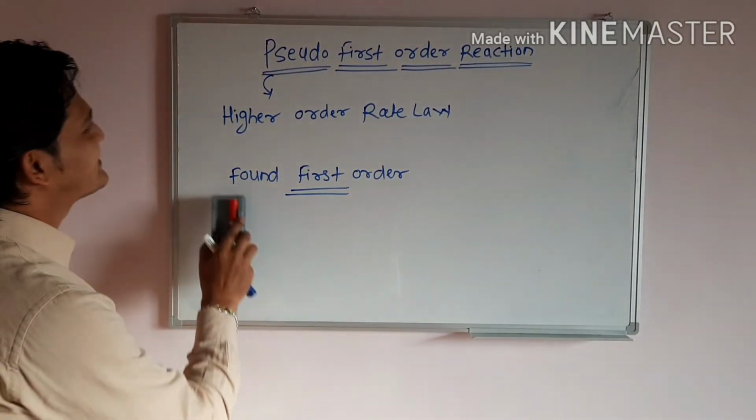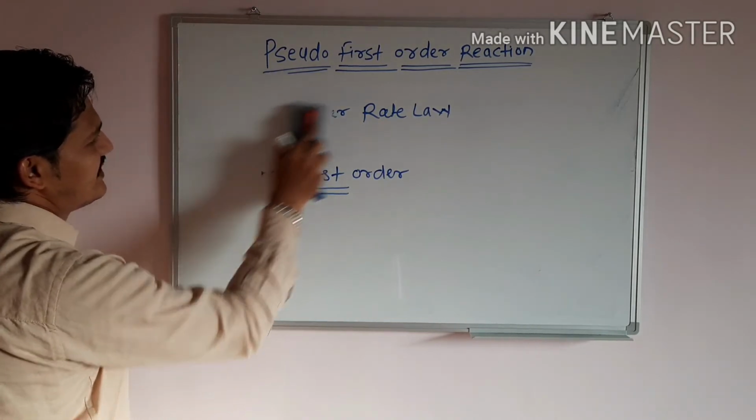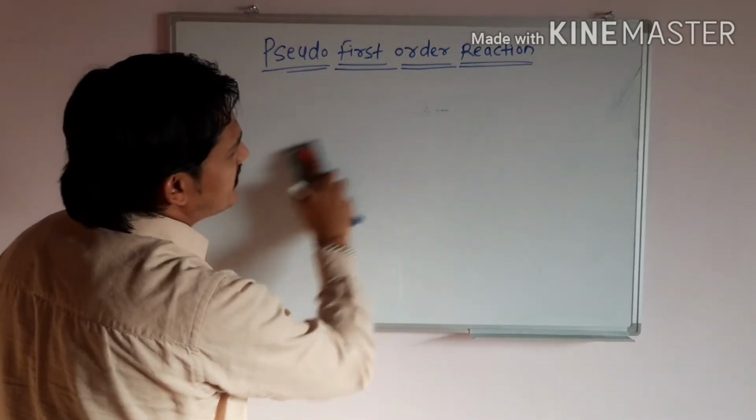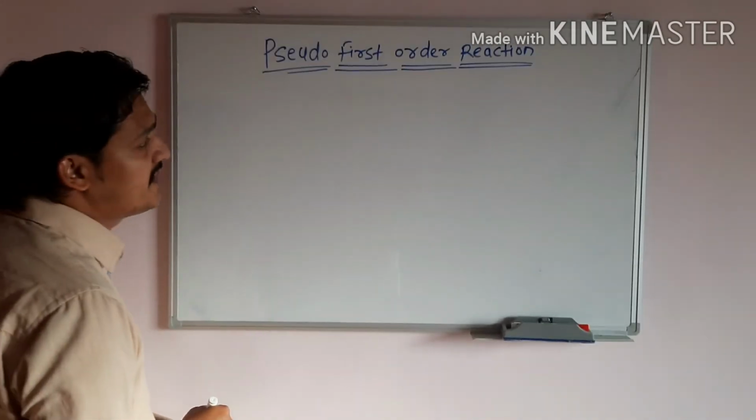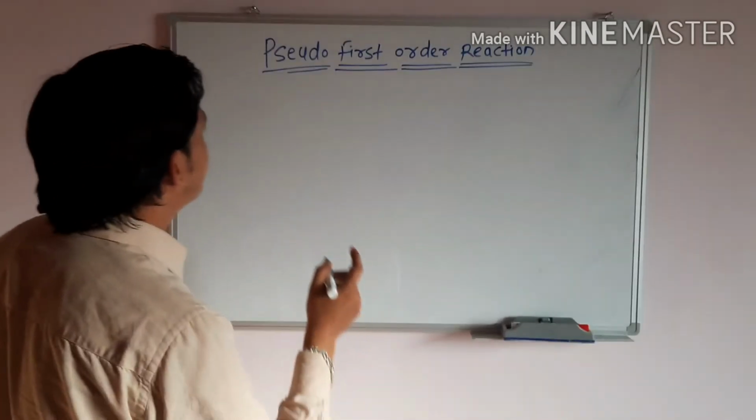Okay, is called a pseudo first order reaction. The definition consists of 1 mark and one example consists of 1 mark. I am taking 2 examples for understanding this.